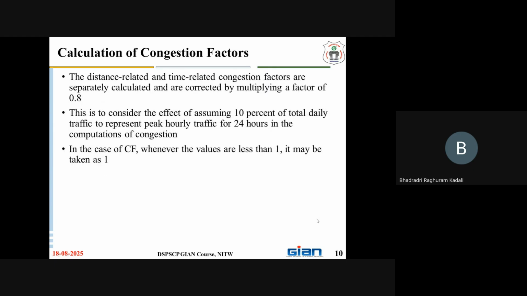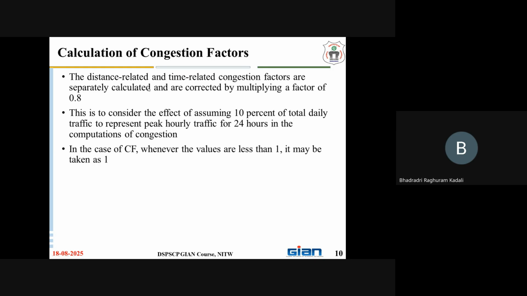So what are we going to do with this 0.894? We are going to multiply it with respect to each case, then derive the actual affected values respective to the congested case of the projected traffic of the given base traffic. Then these calculations again have factors. The distance related or time related congestion factors are separately calculated generally, and we need to apply some kind of correction factor.